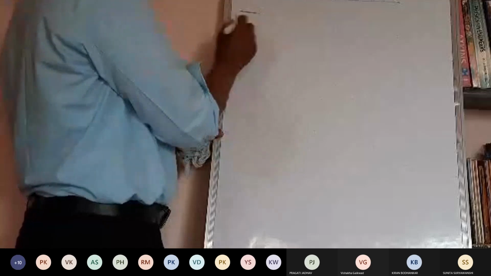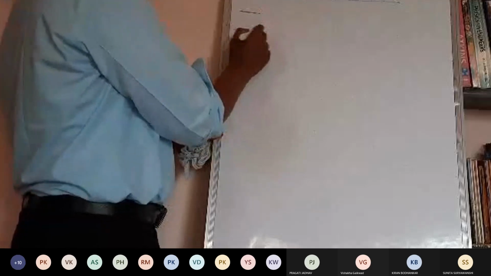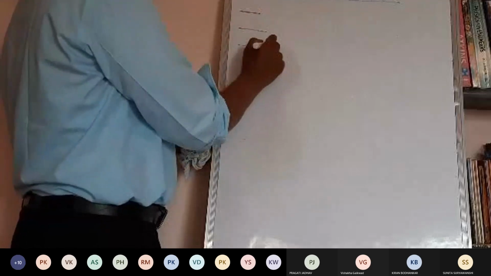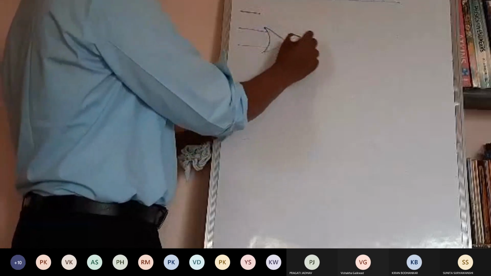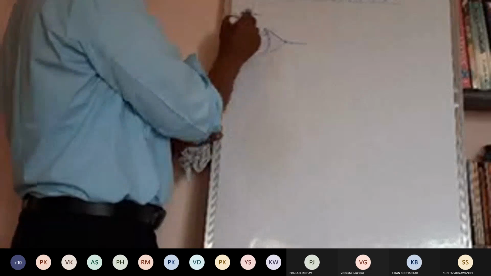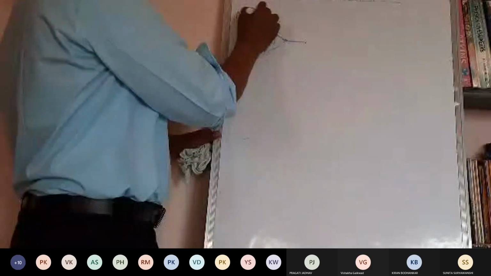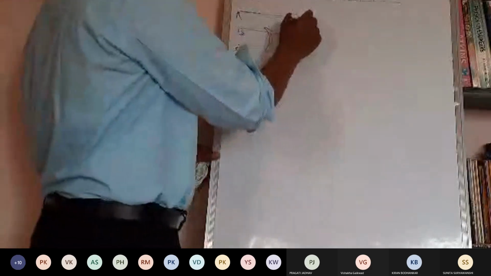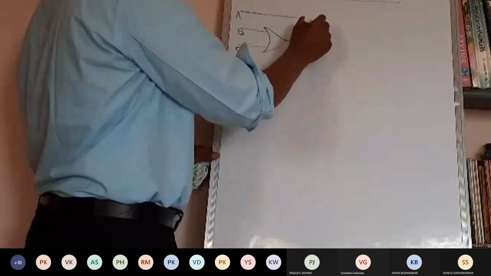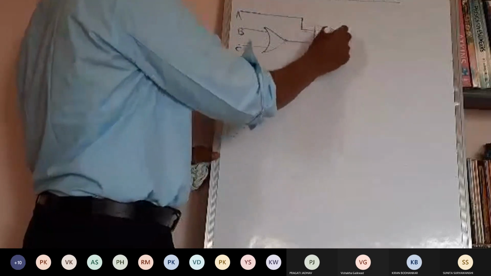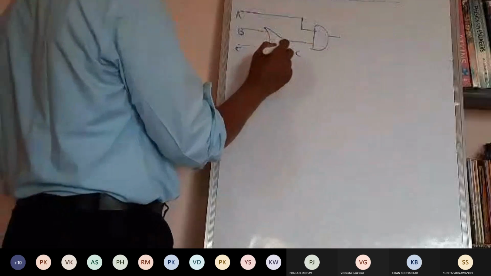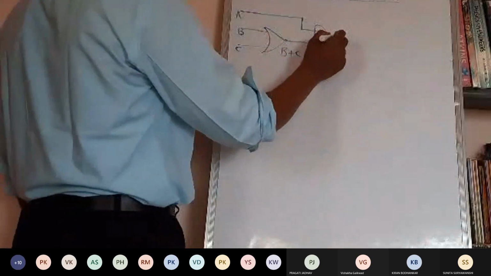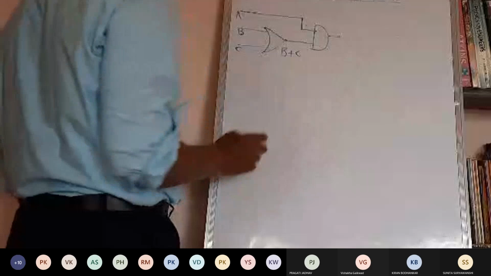So draw its logical circuit: this is a, b, and this is a, c. Then b plus c, this is b and this is c, and this is a into b plus c.